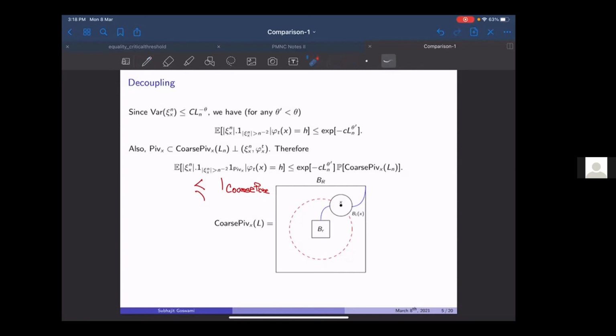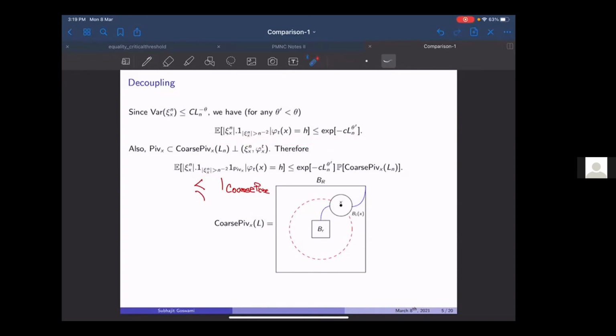Then when we arrive at that event, I can just decorrelate and factorize this into two events, and this is unconditional because, as I told you, the coarse probability doesn't depend on psi x, and you end up with this expectation, which is very small, which is written here. That's just a Gaussian tail bound, nothing else.